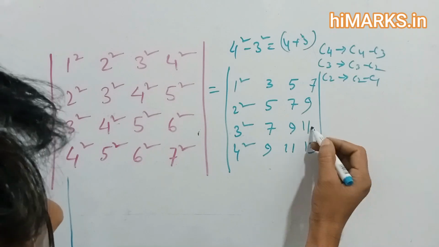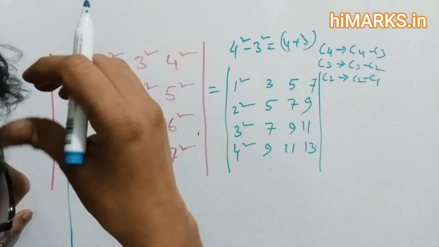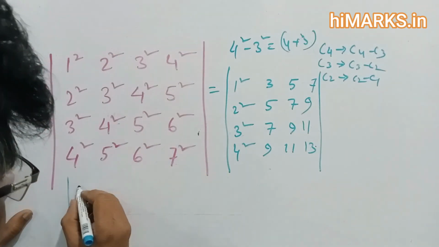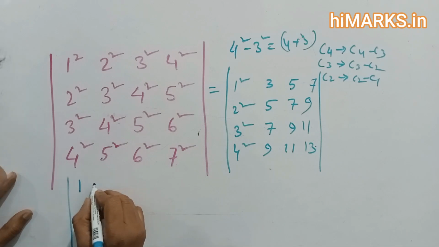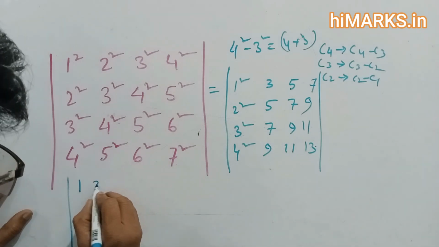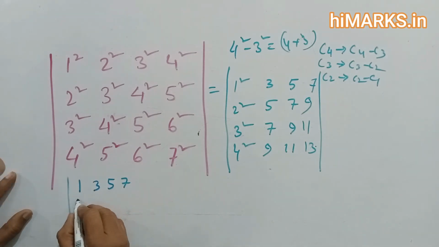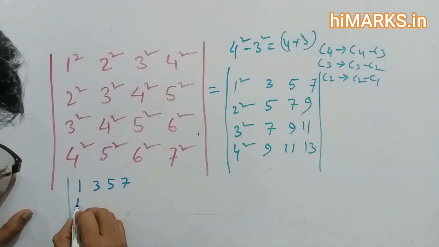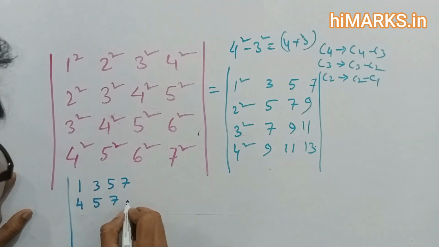So what we'll do is this minus this, and this minus this, and we'll continue this way. This became 1, 3, 5, 7. This became 4, 5, 7.